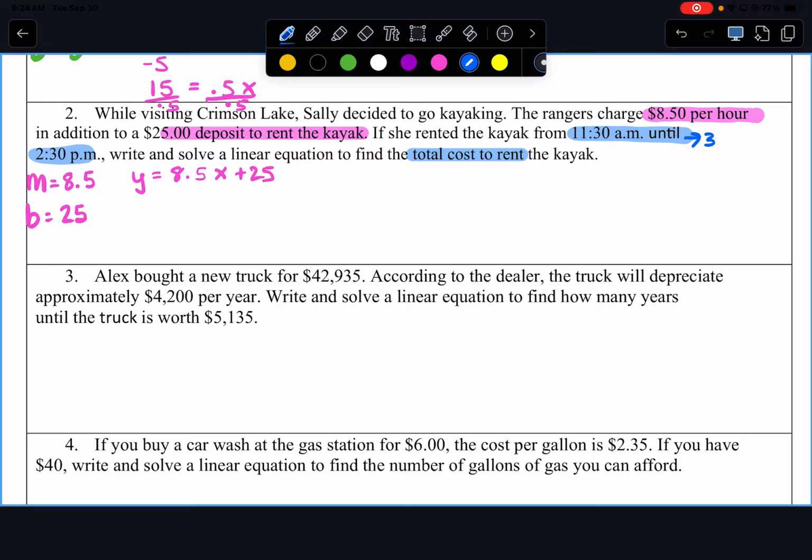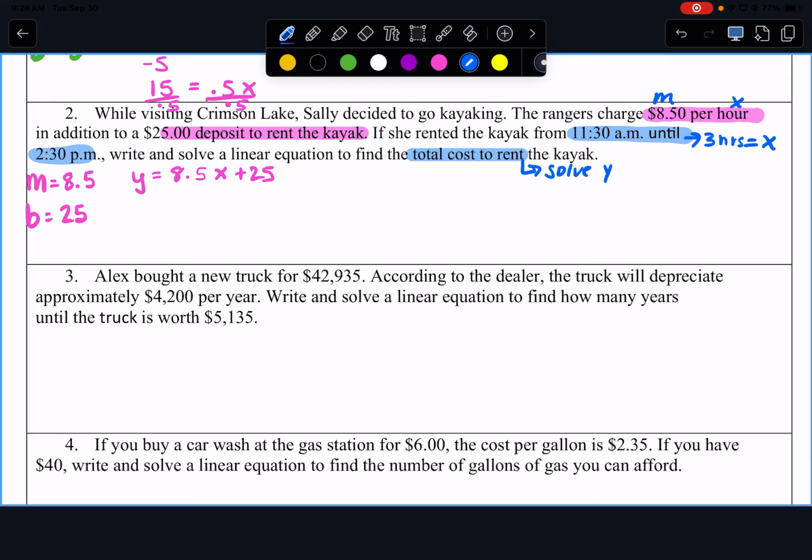What variable does hours represent? X. That is our x, because we have our rate and it gives us our x. So I need to plug in 3 for x. What am I solving here? Solve for y.